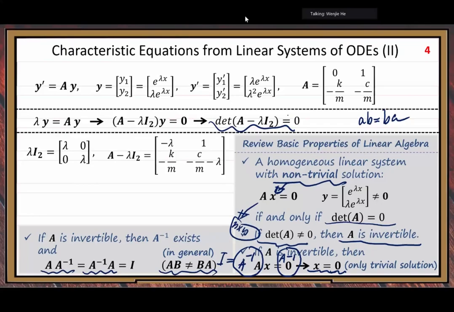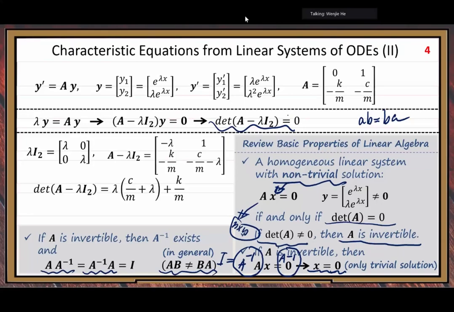Other entries, no change. Then let's calculate the determinant. We have the determinant formula: the product of diagonal entries, then subtract the product of these two entries.